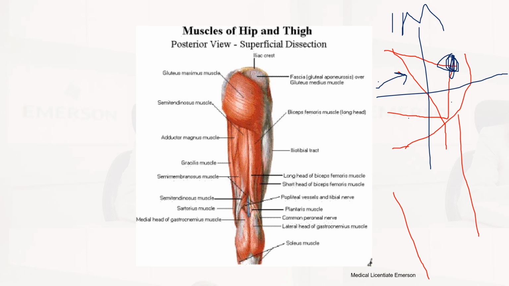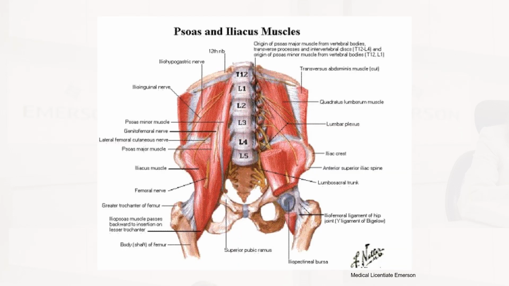This is how we make our quadrant, and the upper outer quadrant would be this side. Clinical application: IM injection in the gluteal region. This is how we do it. I hope it has made some sense. So these are the muscles of the posterior view and some clinical application of the posterior view.